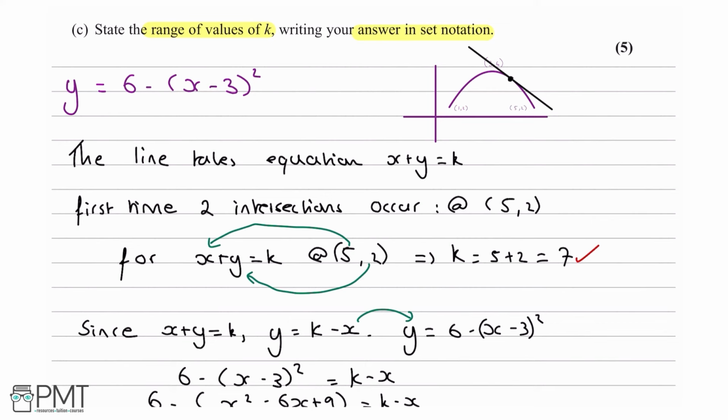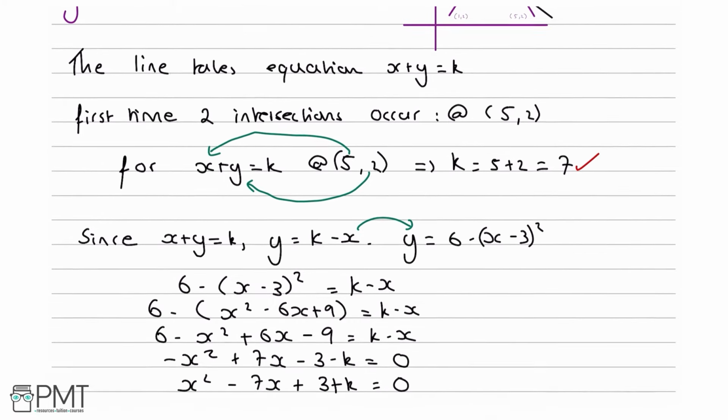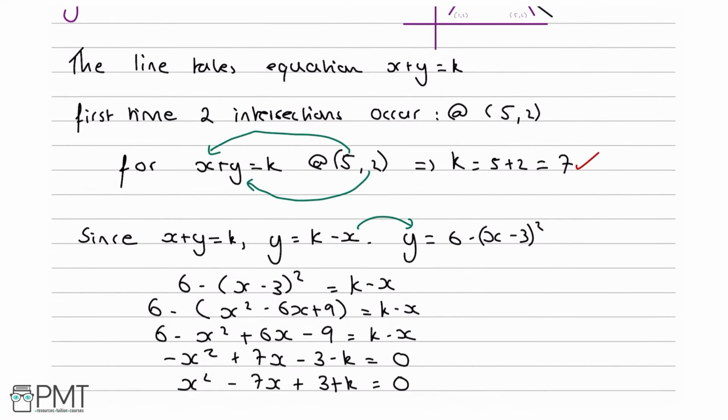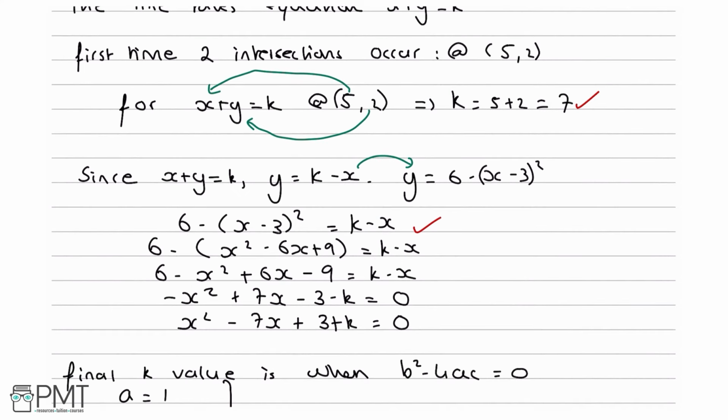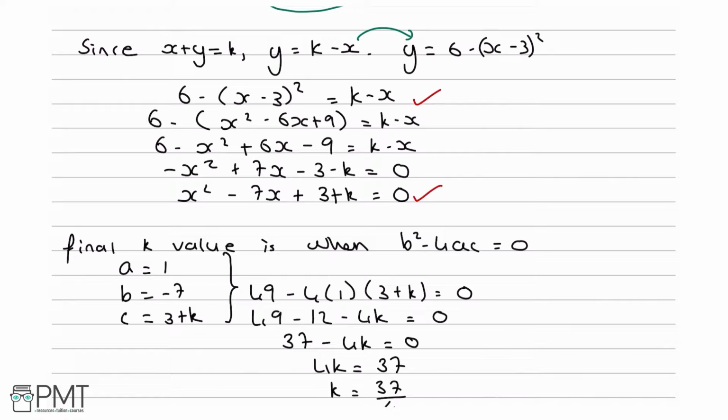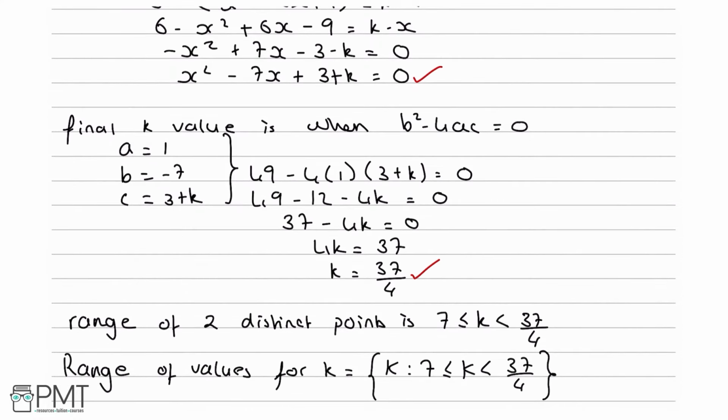Our second mark comes from combining our x plus y equals k and our y equals 6 minus (x minus 3) squared to get this line. So that's good for our second mark. Your third mark comes from getting a quadratic of this form, okay? Your fourth mark comes from getting k as being 37 over 4. And then your fifth mark comes from correctly writing the range of values for k in the correct set notation.